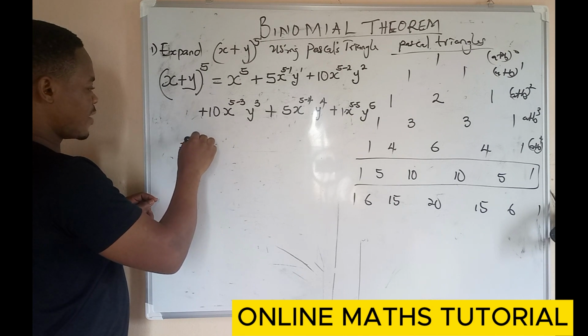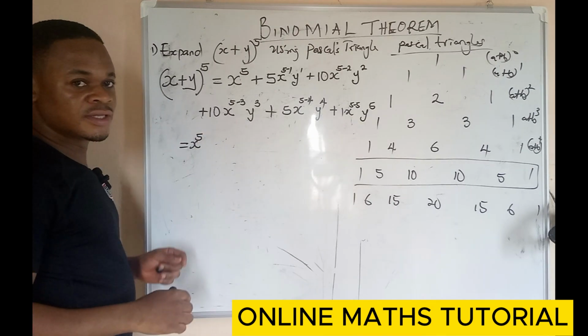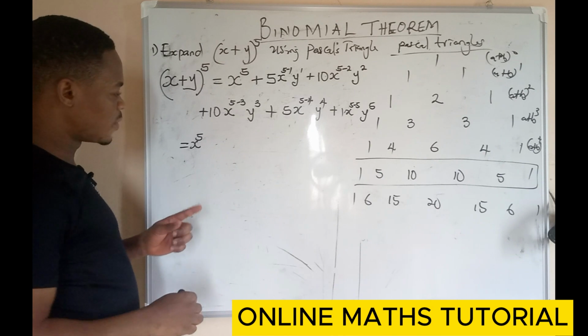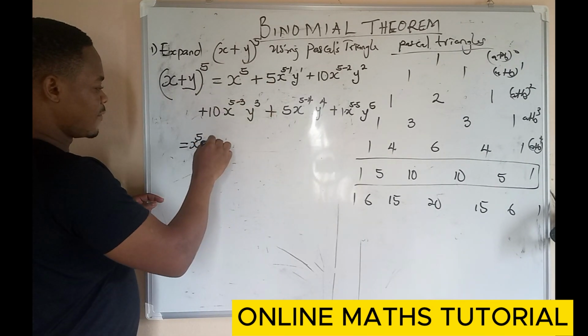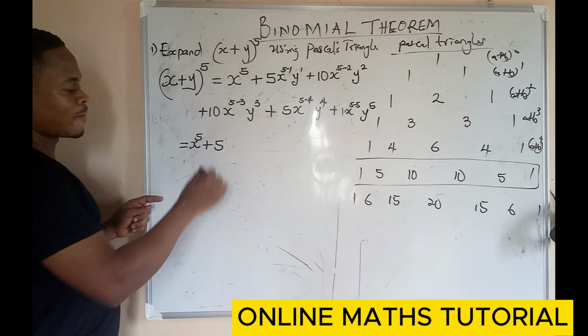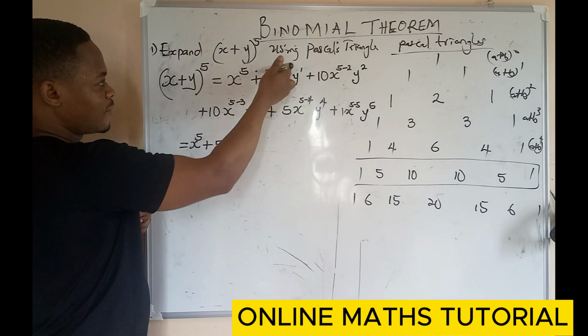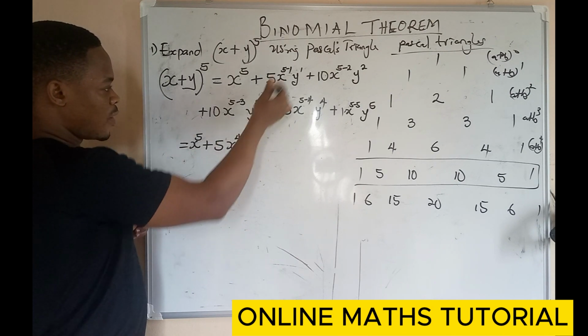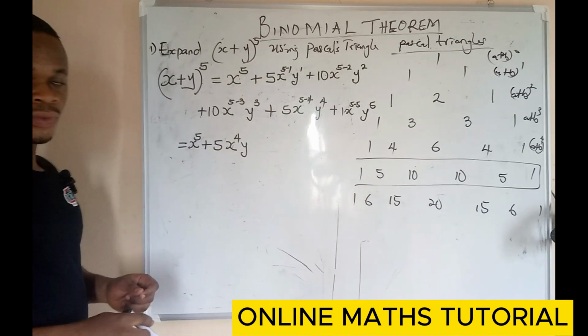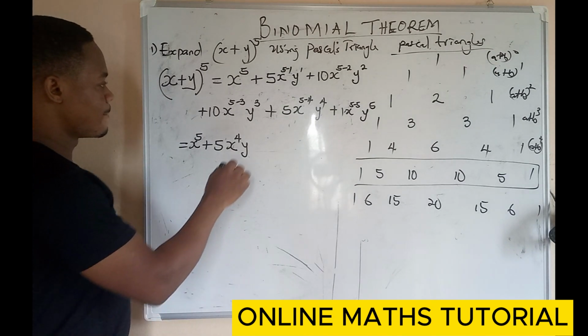x raised to power 5 plus 5 x, 5 minus 1 will give us 4, y. y power 1 is also y.